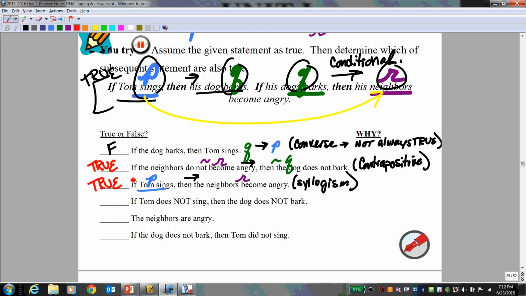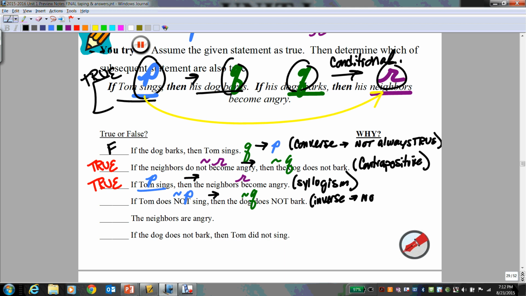Next one, if Tom does not sing, so that's opposite P, the dog does not bark. That's opposite Q. Simply negating, notice the order didn't change. P then Q, opposite P, opposite Q. That's the inverse.